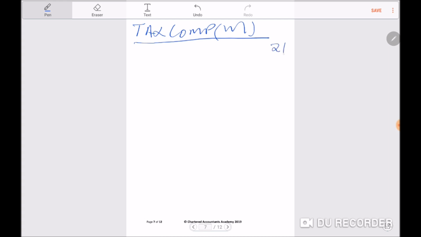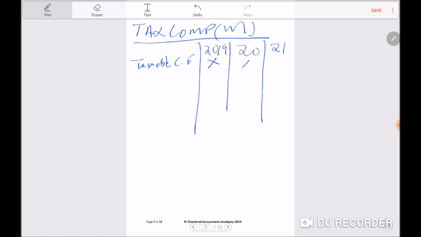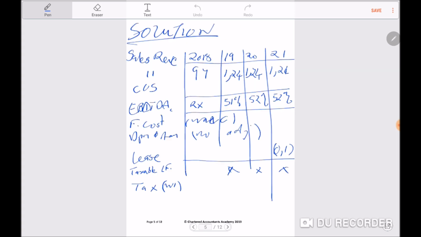So we had 2021, we had 2020, we had 2019 as our focus periods, and then we had our taxable cash flows, which were XXX. And then, what are we going to adjust for on our tax cash flows?